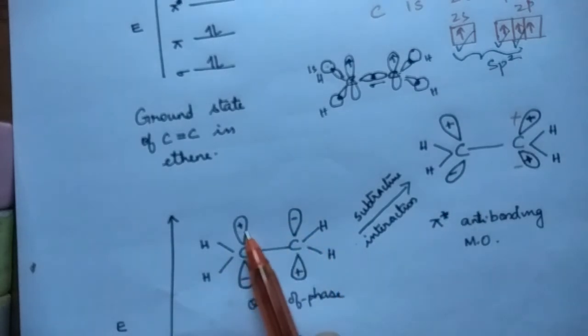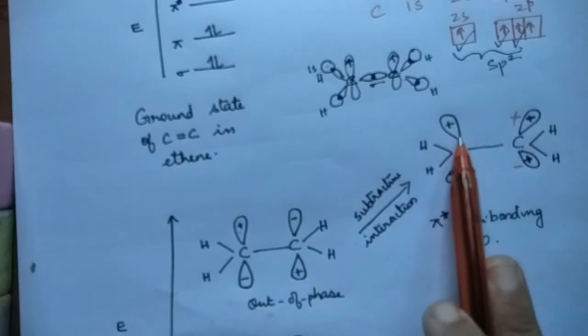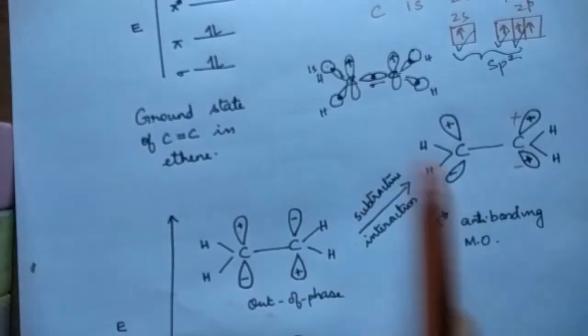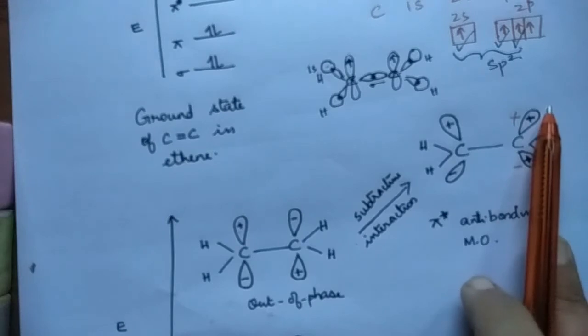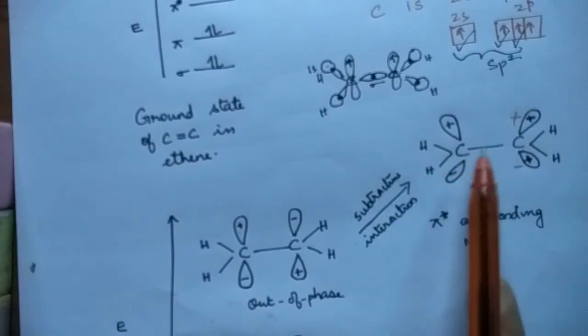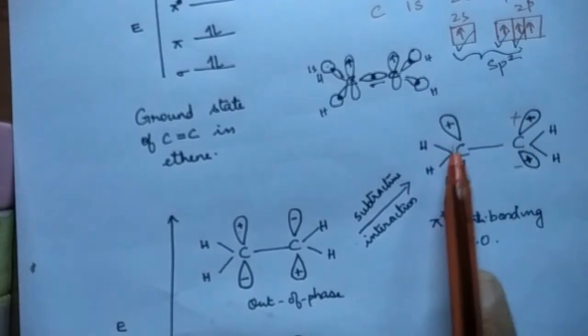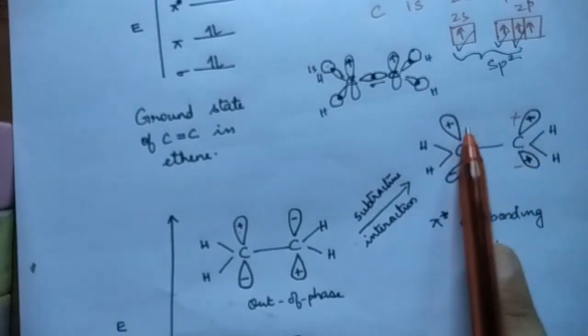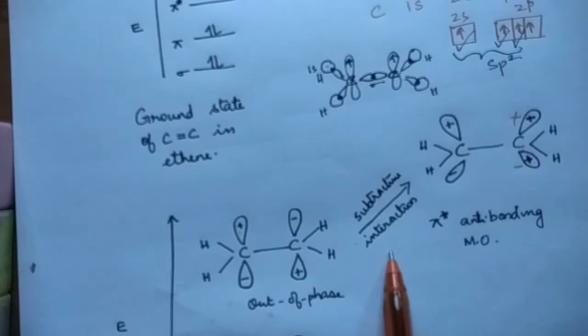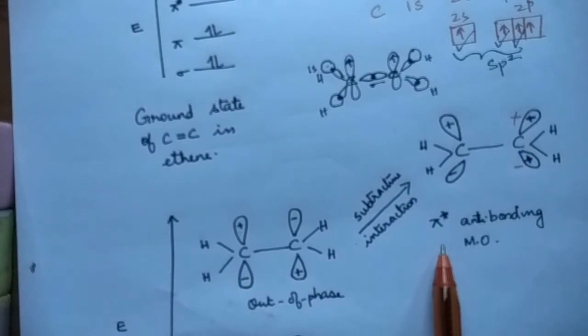When they have opposite sign they will be repelling, and therefore this will move more towards this side and this will move more towards this side. That is, they are repelling. So the distance between the lobes increases, there is no bonding taking place, and this is known as the pi star anti-bonding molecular orbital.